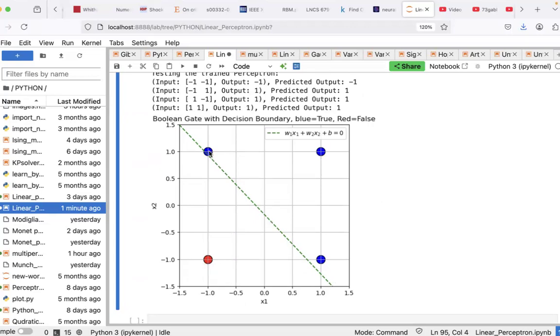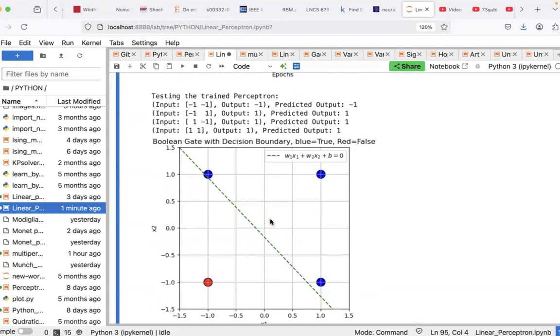These are the 3 inputs that give positive, true outputs, and this is the negative one. You see that we can clearly classify the data by drawing a decision line which separates the -1 output from the +1 outputs.